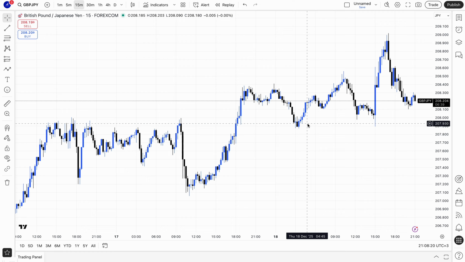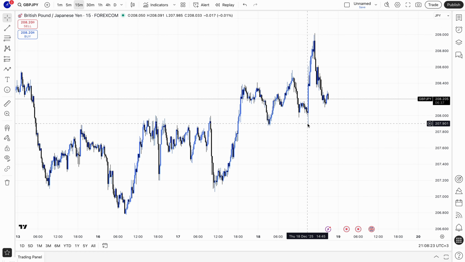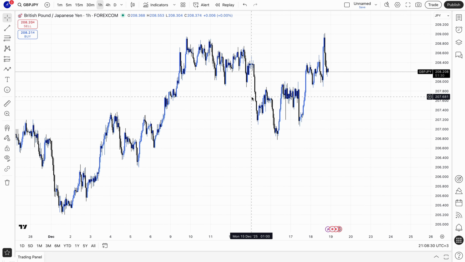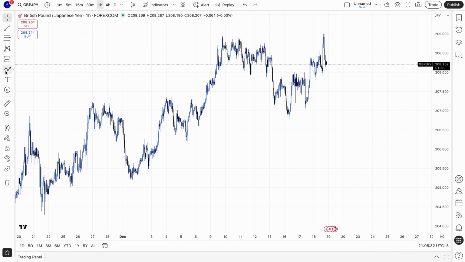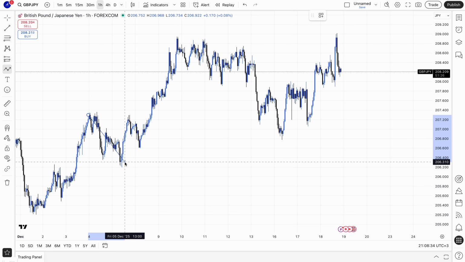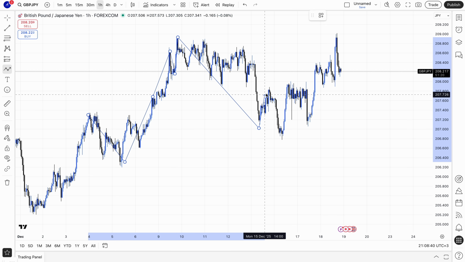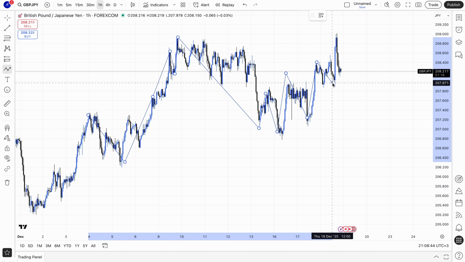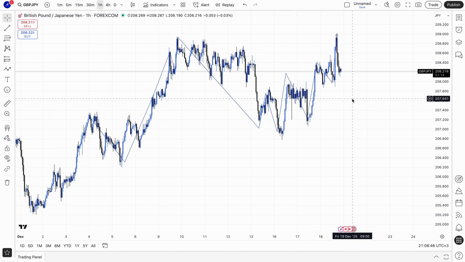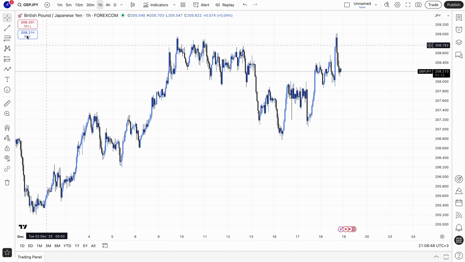For GJ, it's also very simple. Simple price action. And you can see H1. You can clearly see the market is moving up. And then you had our shift to the upside. Super simple.